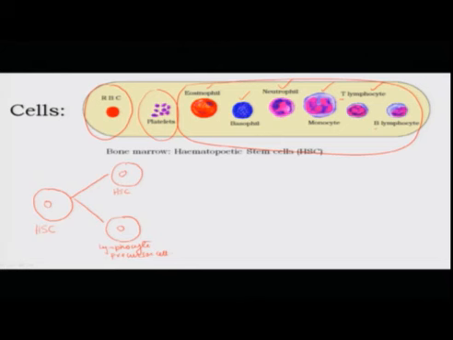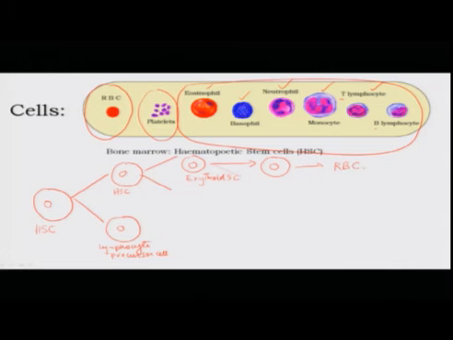Now, this hematopoietic stem cell will undergo another round of division, and now what it will produce is known as an erythroid stem cell. This erythroid stem cell then will differentiate further into an erythroid precursor and finally into an RBC, red blood cell. So, now you know where red blood cells come from.